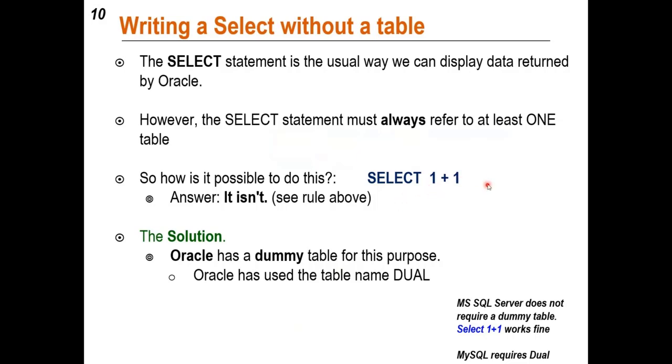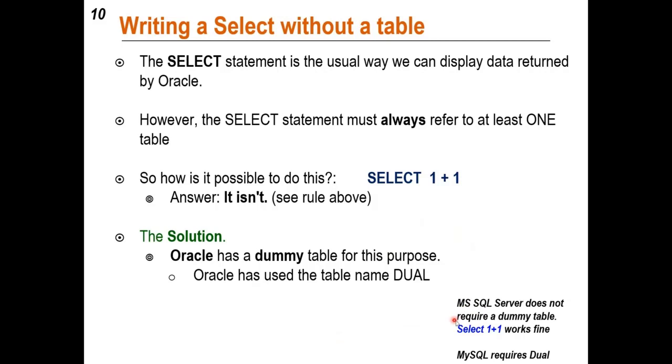But for testing purposes, how can we do that without any table, because we haven't created any tables yet? In all database management systems, there is a table called a dummy table, usually used for testing purposes. Oracle's dummy table is called the dual table. I don't know why they use this name, dual.